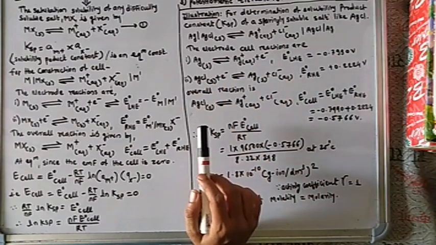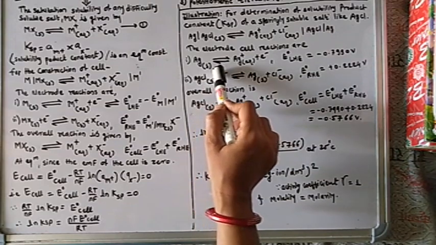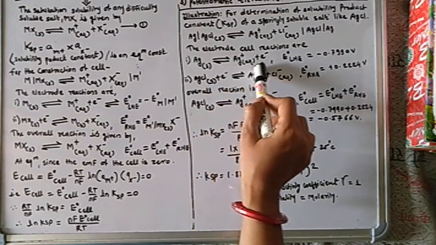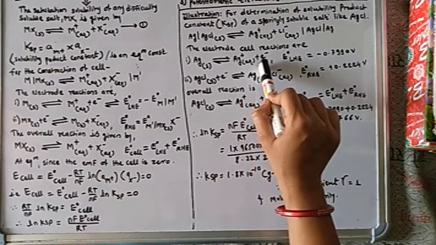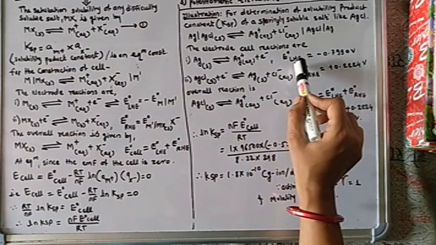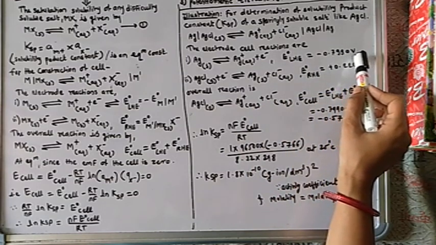The electrode reactions are: Ag reversible gives Ag+ plus electron, and for this half cell reaction the potential of the left hand electrode is minus 0.7990 volt.